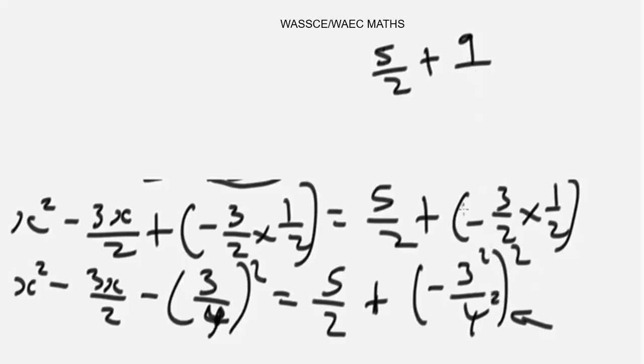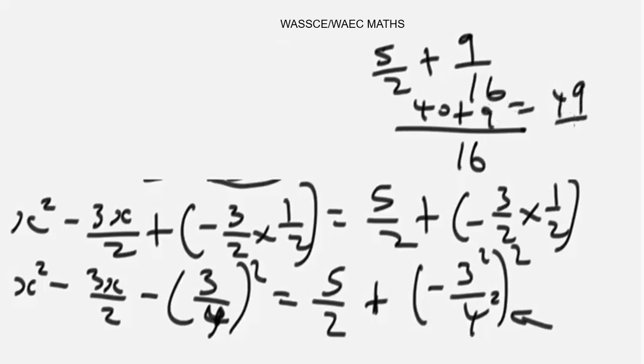So 5/2 + 9/16. The LCM is 16. 2 into 16 is 8, 8 times 5 is 40, plus 16 into 16 gives 1, 1 times 9 is 9. So we have 49/16 at the right.